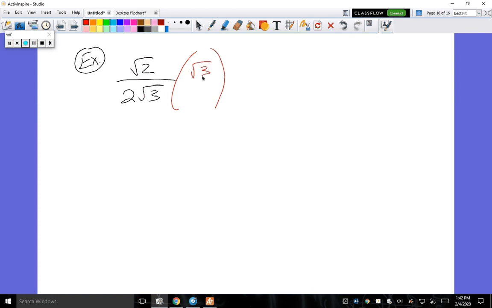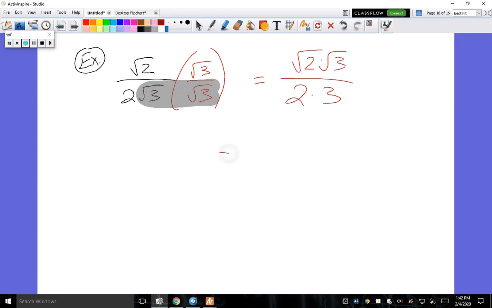Root 3 over root 3. Because now these will become what? 3. What will the top become? Root 6. Can anything come out from that? Nope. There's not a pair. And the bottom would be 6. Much easier, right?